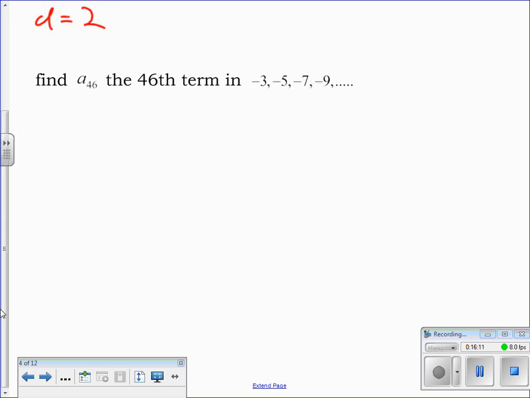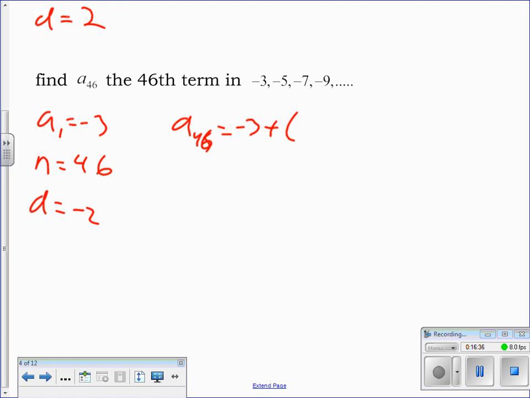Okay, so same thing. What's our first term? A sub 1 is -3. What is our n? 46. We're looking for the 46th term, and our difference is -2. So I have A sub 46 equals -3 plus 46 minus 1 times -2.